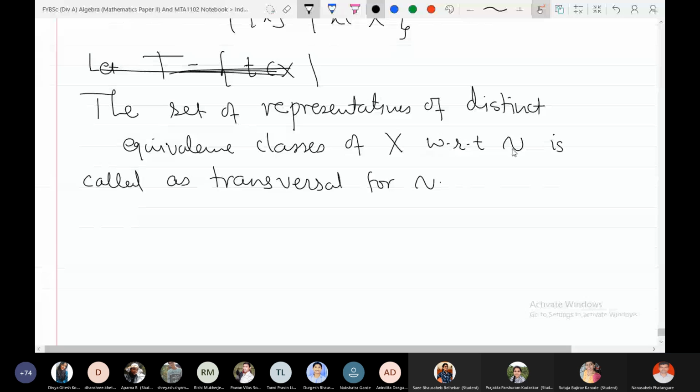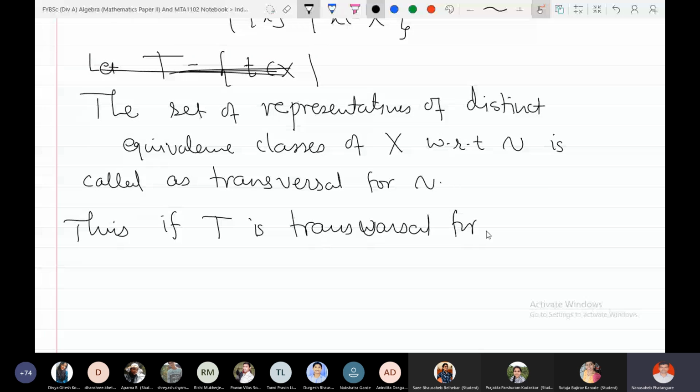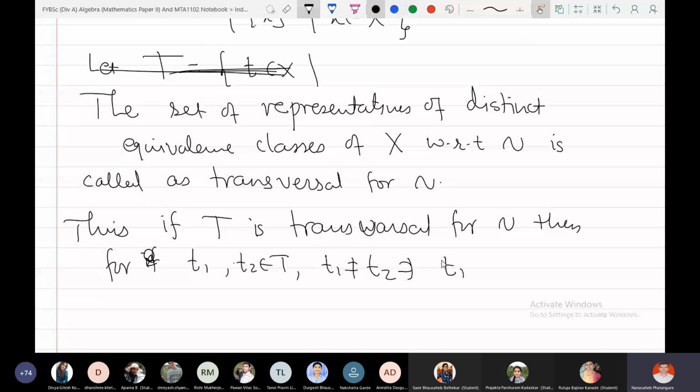Thus, if T is a transversal for tilde, then if T1 and T2 belong to T, T1 is not equal to T2 implies class of T1 is not equal to class of T2.